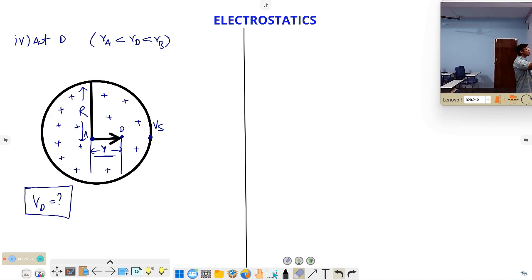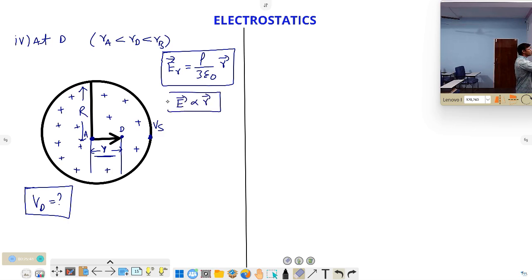You know that the electric field inside the non-conducting sphere, which we derived in previous classes, at any point at distance r is E = rho r by 3 epsilon naught, because electric field is a vector quantity. Inside, electric field is directly proportional to the position vector of that point. So the electric field at that distance of D point is equal to rho by 3 epsilon naught times r.